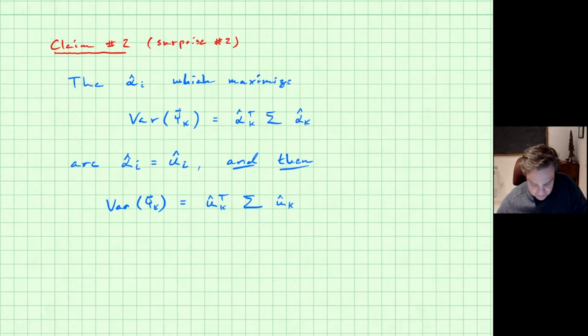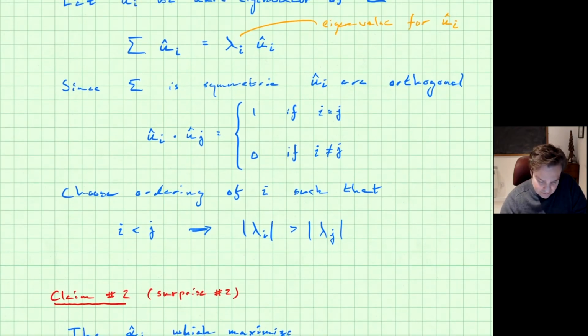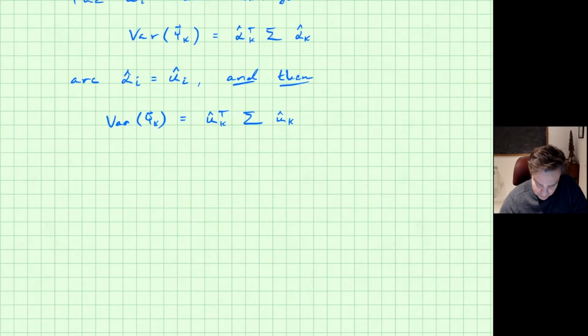But those u's are the eigenvectors of the matrix sigma, right? So sigma times u gives me the eigenvalue times u. So this here is really just the eigenvalue times u.